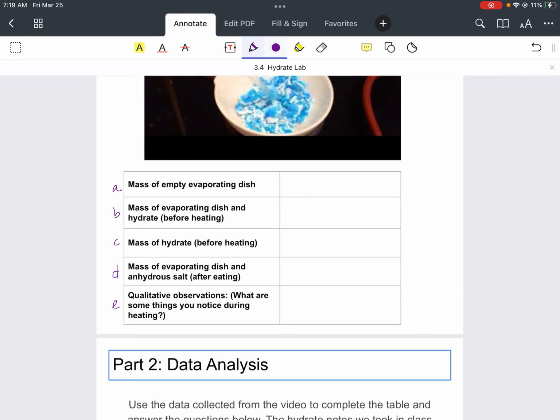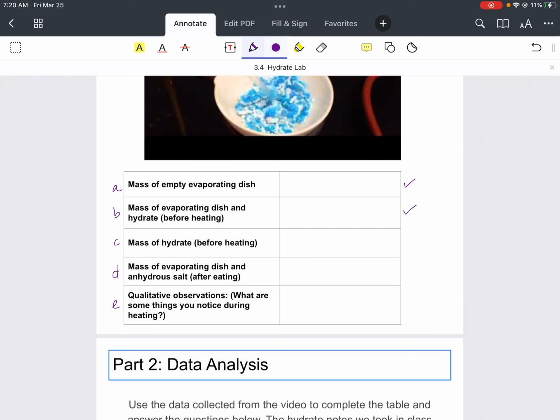The video will tell you the mass of the empty dish. It will also tell you the mass of the dish with the hydrate. And then remember we talked about how we can determine the formula of our hydrate, which is our ultimate goal: to determine what is the formula of this unknown substance.